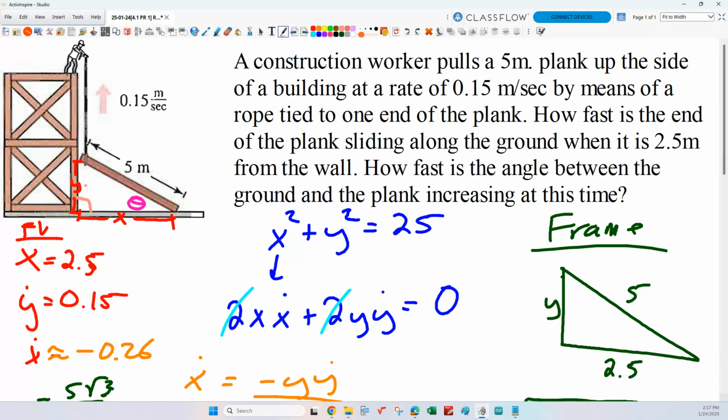We didn't write it as an exact answer, but we know that at our frame, x is exactly 2.5 and the plank is exactly 5. Everybody get that? It's a subtle point, but that's probably a better one to use. Use the one with exact values.